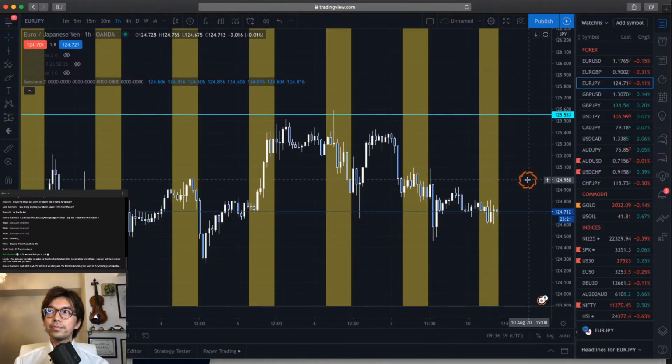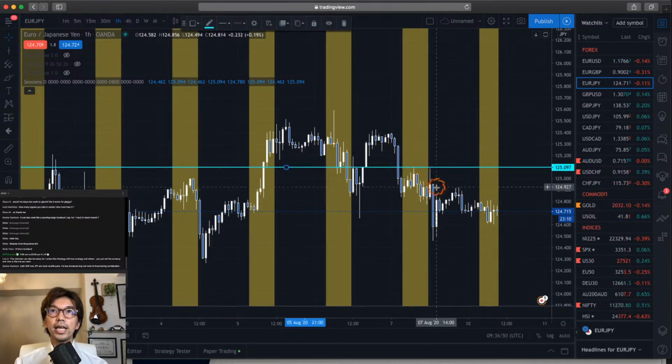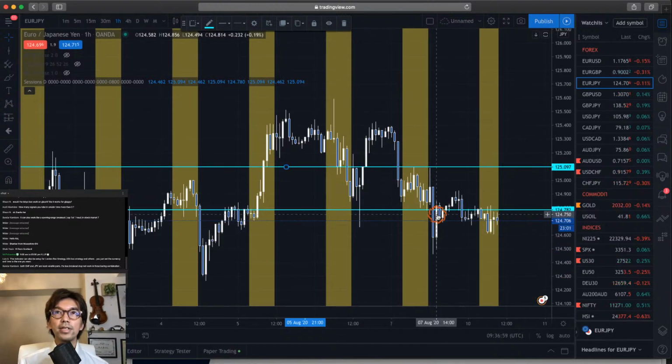Right here above is the highest price, and the bottom here on this yellow box was the lowest price. And so this is breaking downwards.